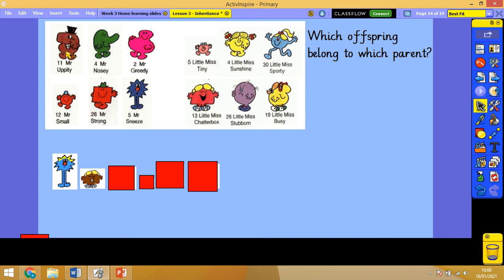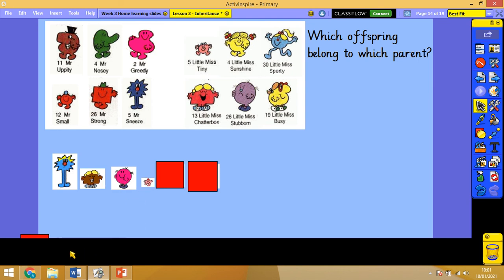I think Mr. Uppity is the dad as well, it's the same colour skin. For this one, I'm looking for this skin colour. I think his dad is Mr. Greedy. He's got the same smile that Mr. Greedy has got. And I think his mum is Little Miss Stubborn. Same body shape, same hands and same feet.